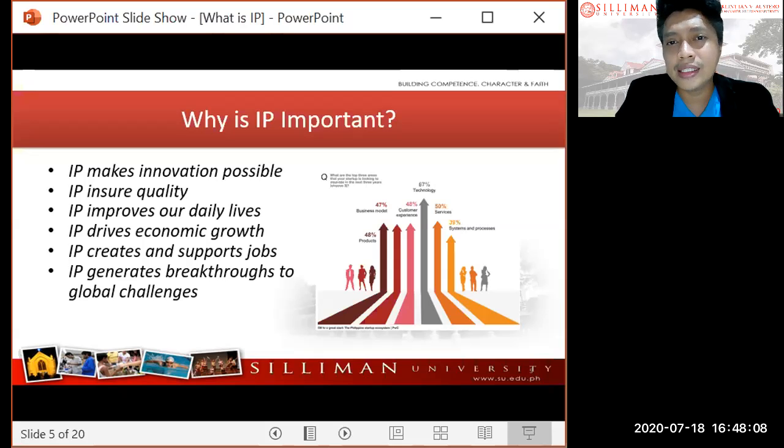IP rights incentivize entrepreneurs to keep pushing for new advances in the face of adversity. IP rights facilitate the free flow of information by sharing protected know-how critical to the original. In turn, this process leads to new innovation and improvement on the existing one.